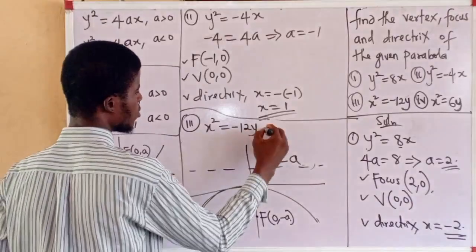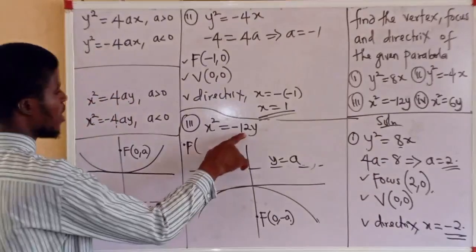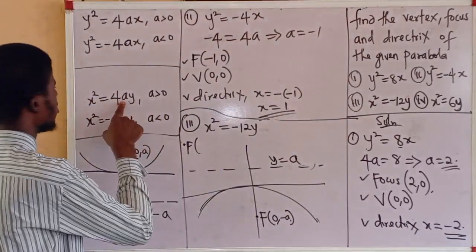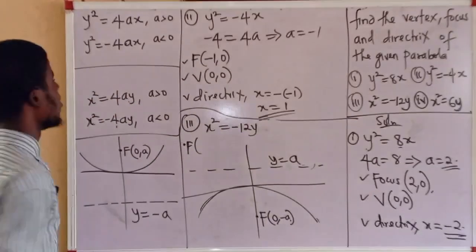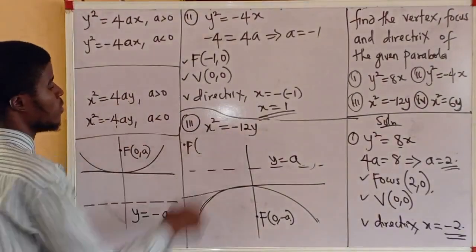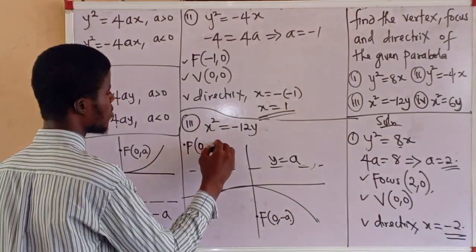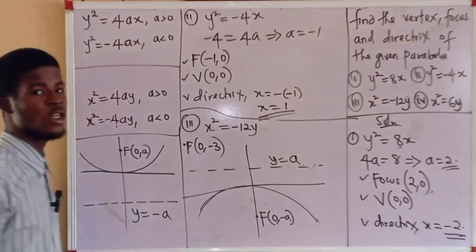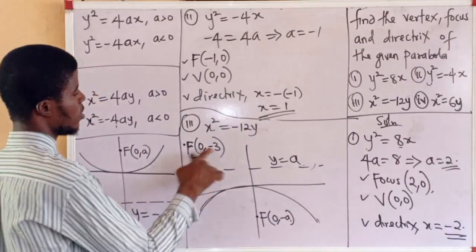The focus here has the point. If we compare this with this, it is obvious that a is minus 3. Minus 3 times 4 is minus 12. So a is minus 3. That means we'll be having 0, comma minus 3 as the coordinate of the focus. For the directrix, what's a?